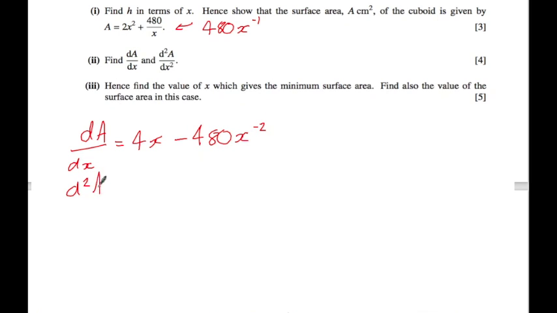Then repeat it for the second derivative. So 4x becomes 4, and then we've got to do minus 480 times minus 2, so we get plus 960x to the minus 3.